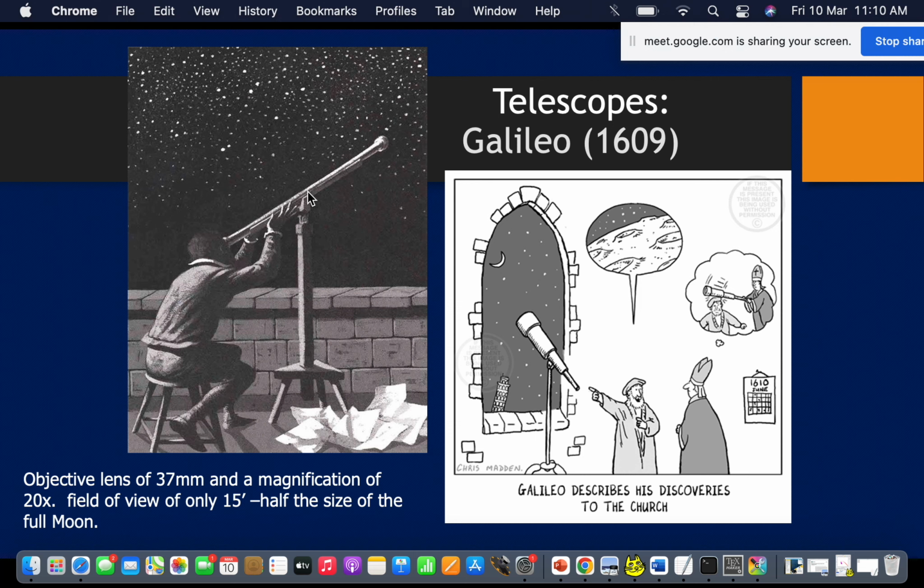So you can see that even with this very small telescope, the things that Galileo saw were very revolutionary and set up a different worldview of the universe. That is why the introduction of telescopes for astronomical observations led to a very large revolution in astronomy.